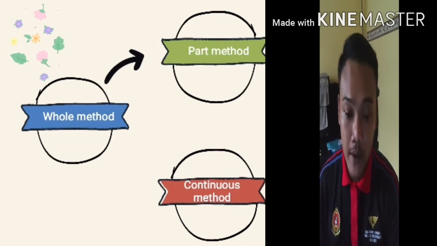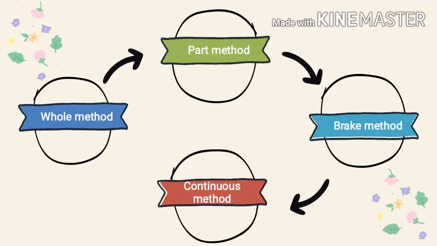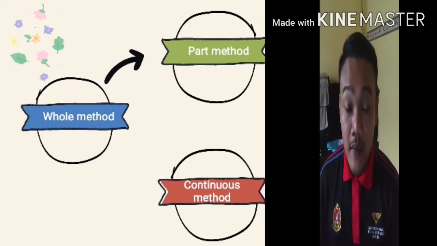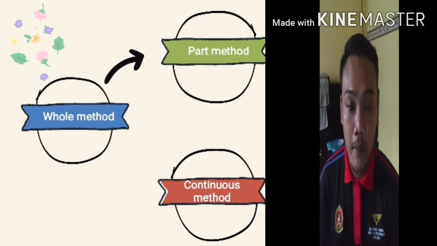Dalam chapter 1 tu ada apa. Okay, itu kata mudahnya. Next, we gonna move to the second point, which is part method. Part method, here the subject matter is divided into separate parts. Okay, as example, kita belajar subjek kita sekarang ni, kan ada chapter 1, chapter 2, chapter 3. So kita divide part by part. So senang kita untuk menghafal benda tu.